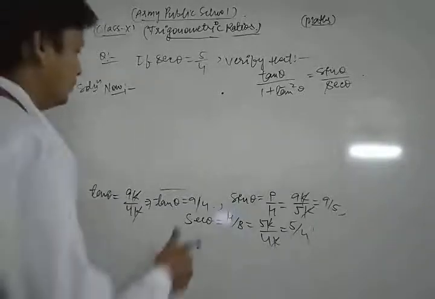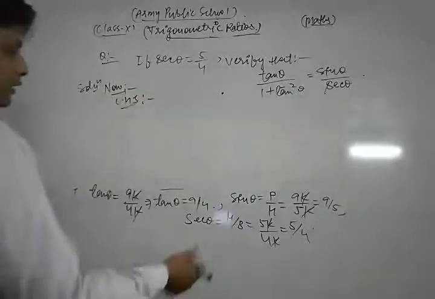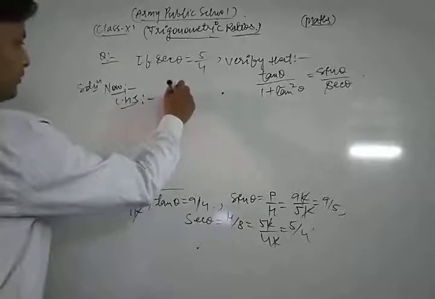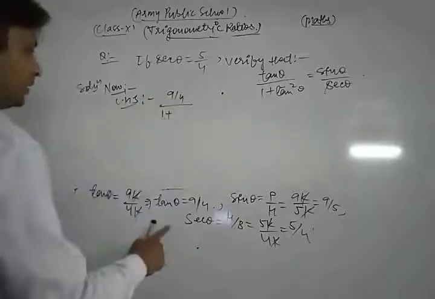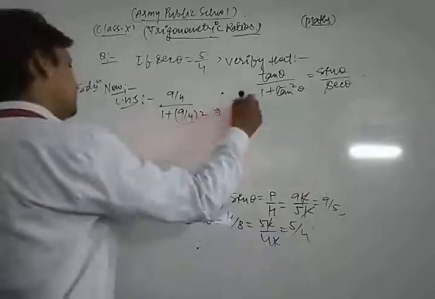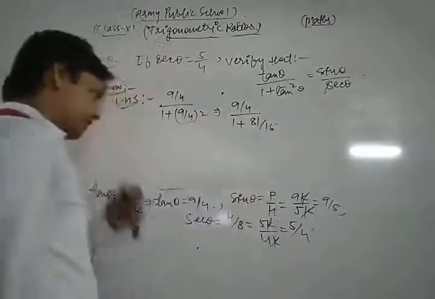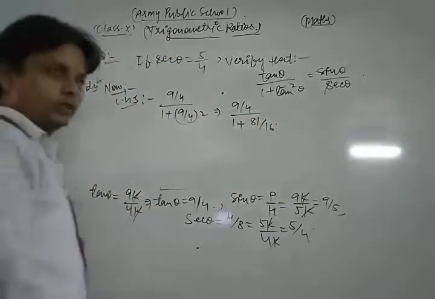So now we take LHS. The value of tan theta is 3 by 4, upon 1 plus 3 by 4 whole square. So we get 3 by 4 upon 1 plus 9 upon 16. Now we solve it.